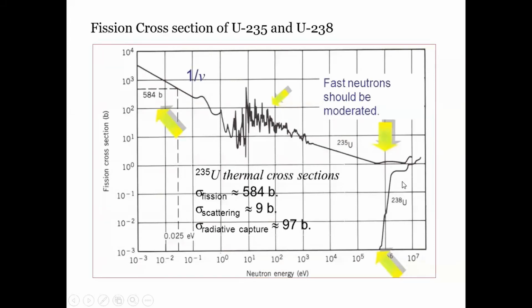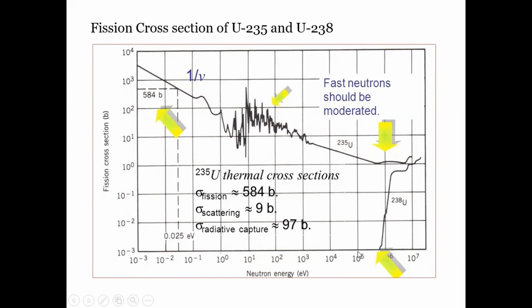The similar cross-section for U-238 is shown here and compared with the U-235. 1 over v behavior, the resonances, the broad resonances, and here you see this cross-section is going down to very small values. And it is not there, not at all there, which means that this reaction is a threshold reaction.